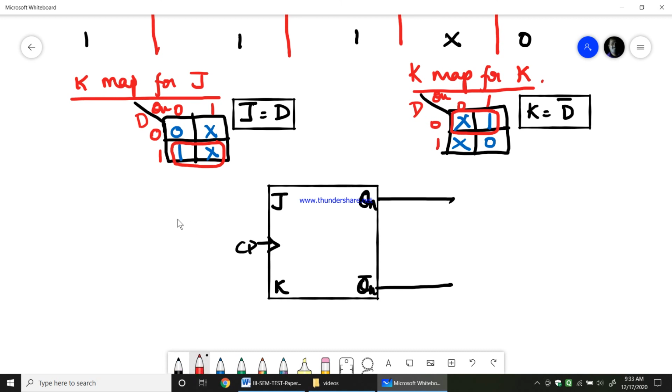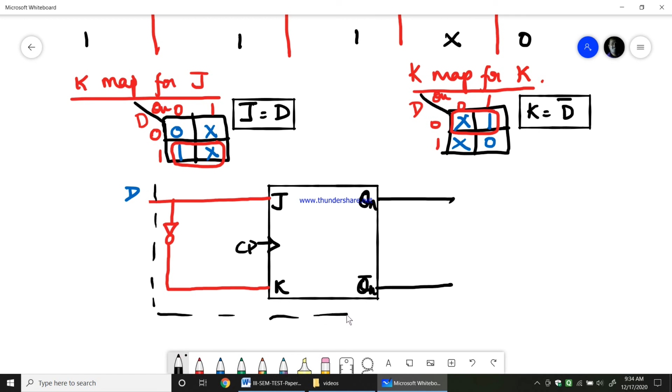Therefore now this is D input, J equals D, therefore directly the D input will be given to J. Now for K, a NOT gate will be connected and D bar will be given to K. Therefore this becomes the D flip flop.